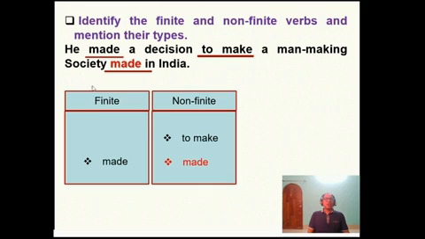Let's see. So, first the made shows the tense, and this is a finite verb. To make is an infinitive and non-finite verb, and made in India, made here is past participle, and it is also a non-finite verb.